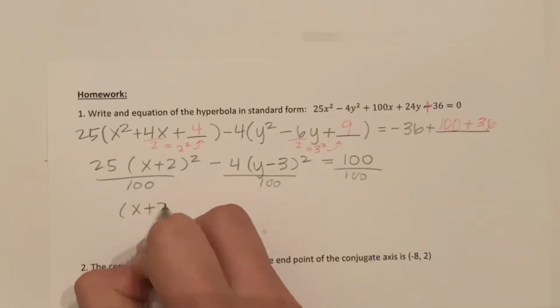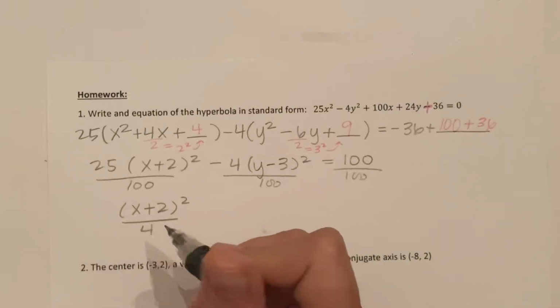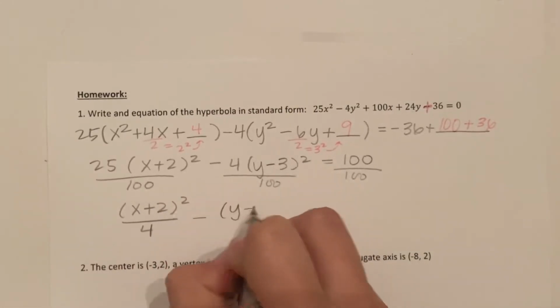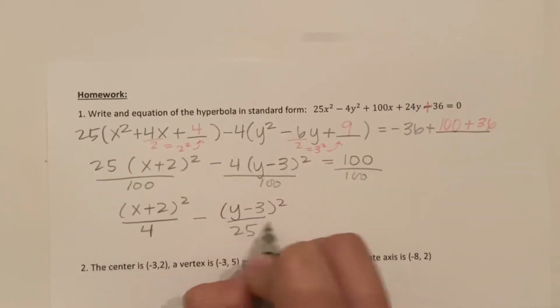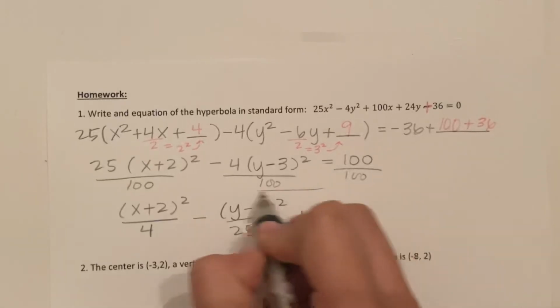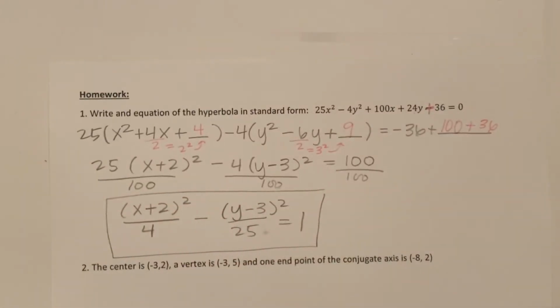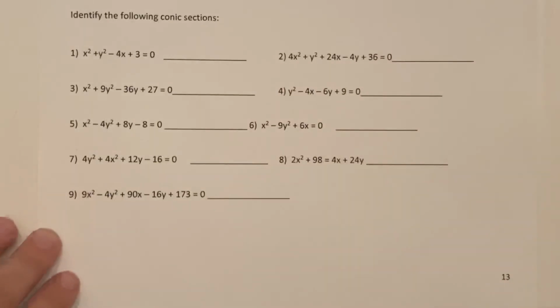That's x plus 2 squared over 4 minus y minus 3 squared over, that'll be 25 equals 1. Everything else we already talked about, so go ahead and finish this page for homework. Bye!